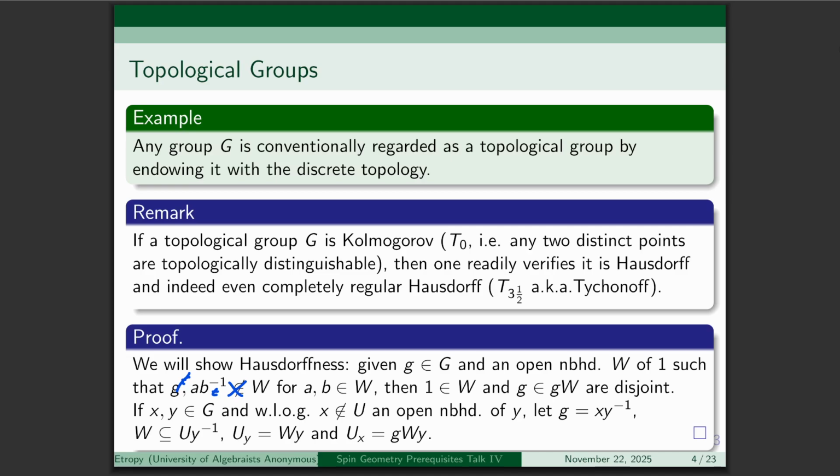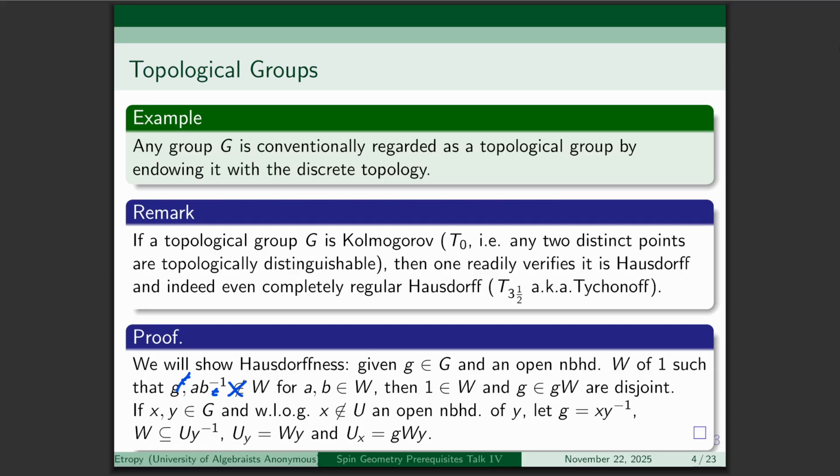The map sending elements a and b of G to a divided by b, by which I mean ab inverse, has to be continuous because it's just a composition of continuous maps, using products of topological spaces. In particular, the preimage under this map of our neighborhood, intersected with our neighborhood, is going to contain 1, so it's non-empty, and it maps into our neighborhood. So everything works fine.